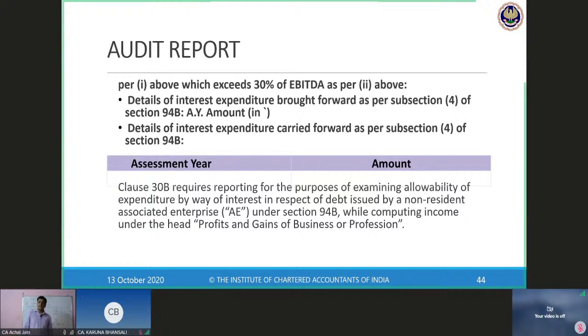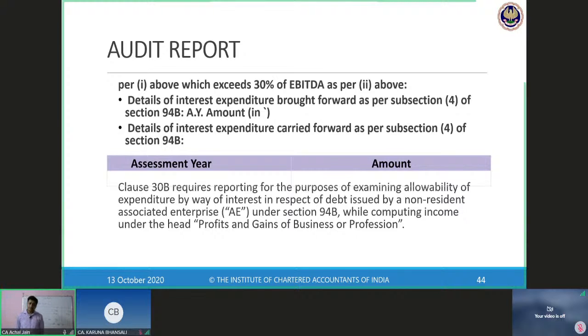Details of interest expenditure brought forward as per subsection 4 of section 94B. Assessment year is required to be mentioned along with the amount. Details of interest expenditure carried forward as per subsection 4 of 94B. Assessment year and the amount are required to be specified like this.